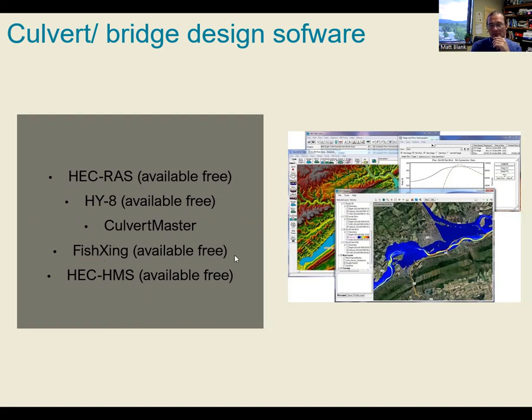Fish Crossing allows you to synthesize fish swimming with hydraulics, which is kind of neat. And then HMS is just a hydrologic modeling software. That allows the user to simulate rainstorm events and then how much flow they create. And then based on what this tells you, you put it in here and you design your structures.